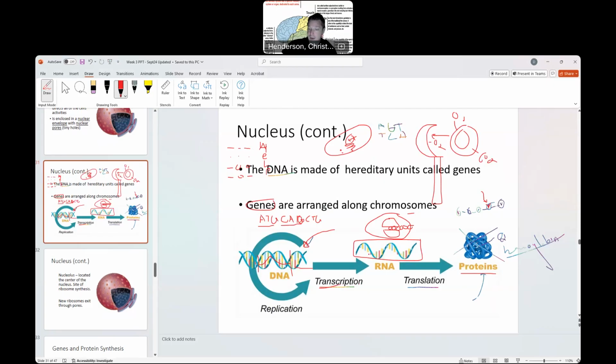Then after you transcribe it, the mRNA, the messenger RNA, goes out to the ribosome and it says, hey, read this. This is the instruction manual for making hemoglobin. The ribosome reads it and it says, okay, first one is ATG. All right, ATG, that's methionine. And then tRNA brings methionine in. Then it reads the next three, CAT.